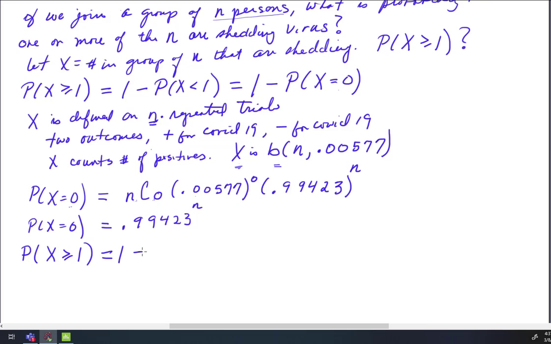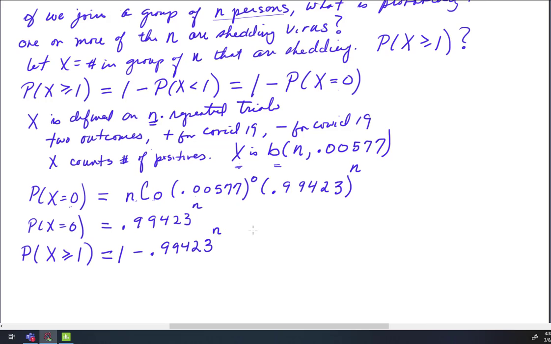So this would be 1 minus 0.99423 to the power n. And so at least up to the n, the crowd size, we've calculated the probability that if you go out in a crowd, you're going to be rubbing up against somebody that is shedding coronavirus.